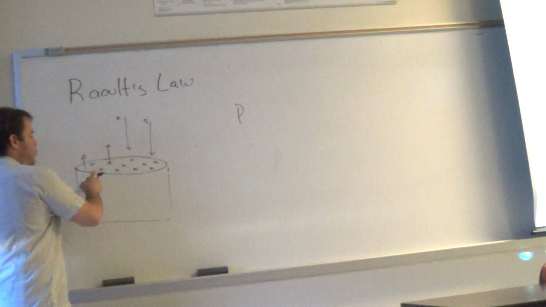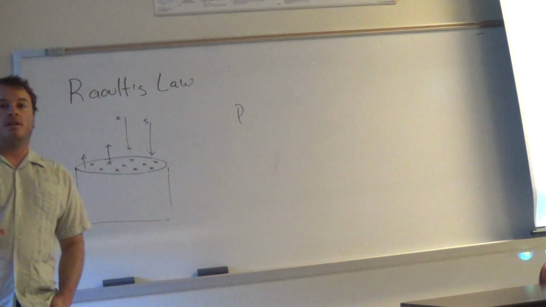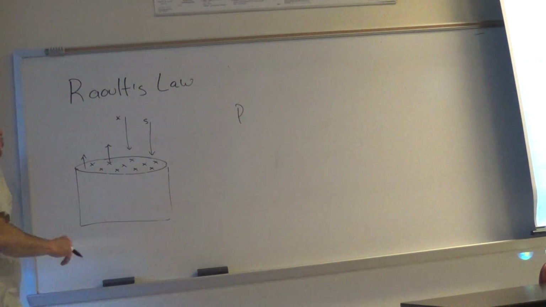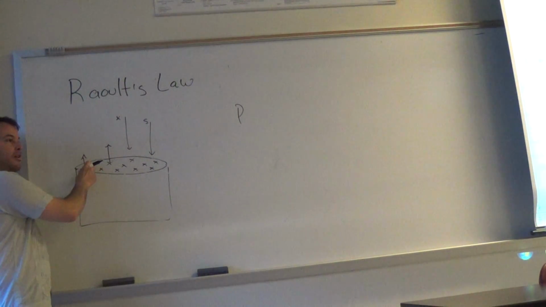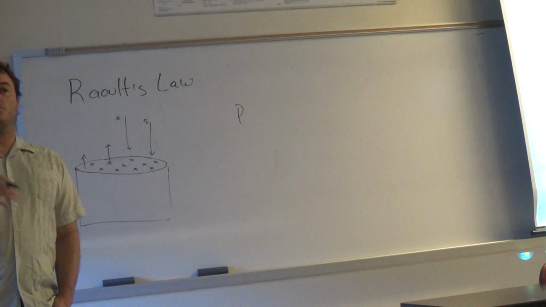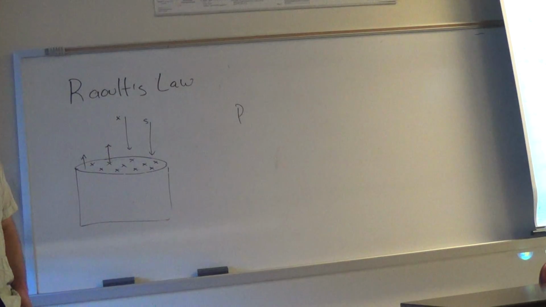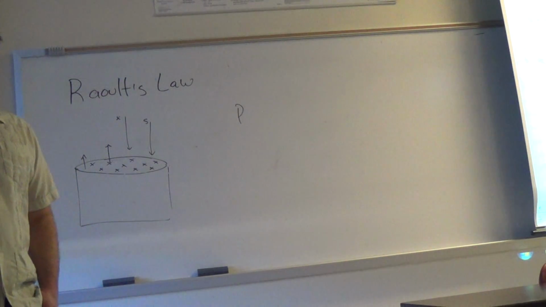And therefore, the rate at which these species depart and go into the gas phase is a function mostly of the surface area occupied by the molecules. So the more molecules there are on the surface area, the more opportunity they have for departure, right?